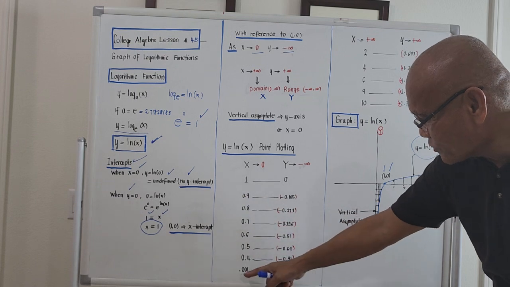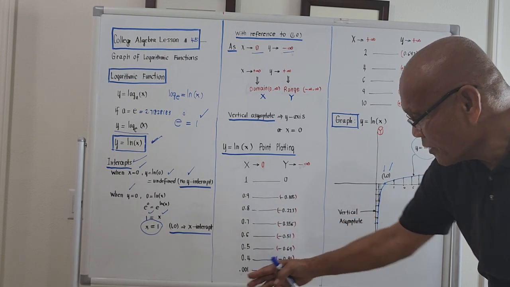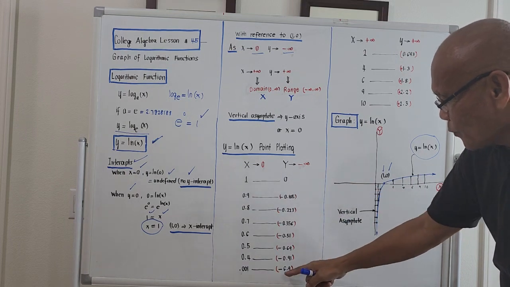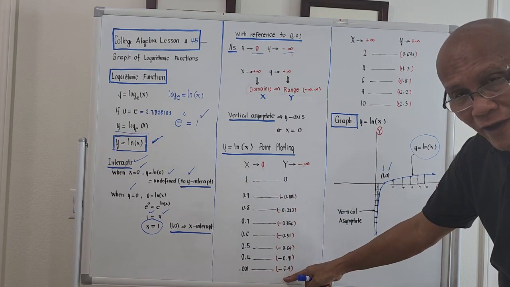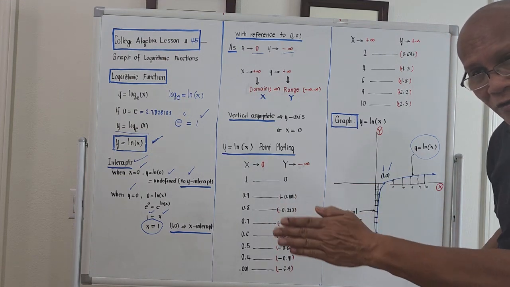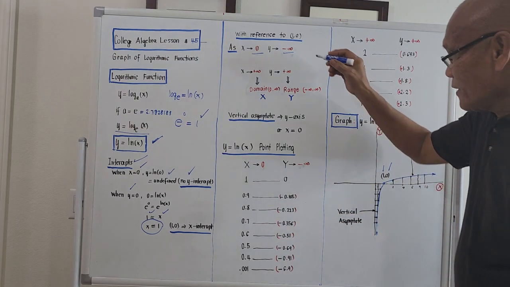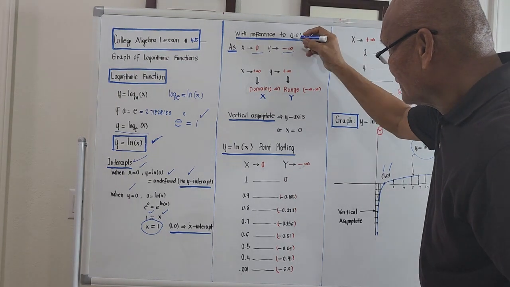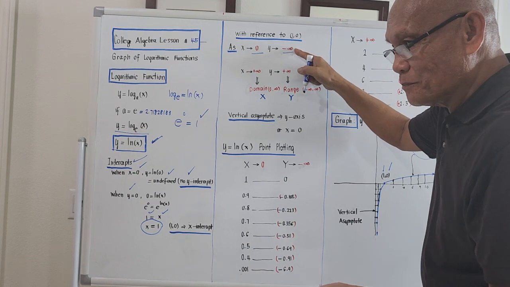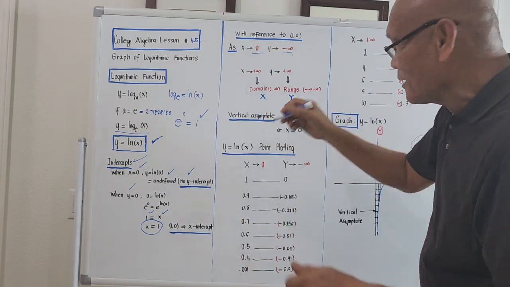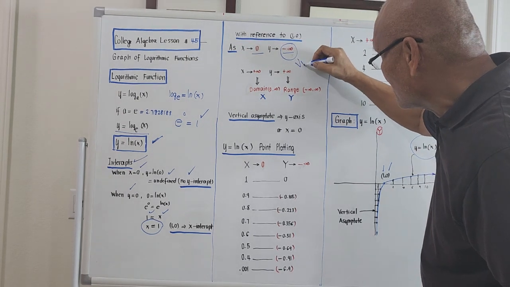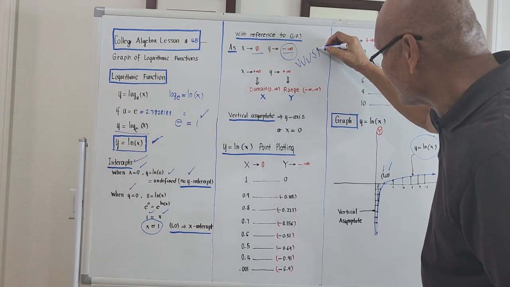At x equal to 0.001, if we compute the value of y, it is a negative value. So meaning to say, as x approaches 0, the value of y approaches negative infinity. Negative infinity is a very big number, but with the negative sign, it is a very, very small number.